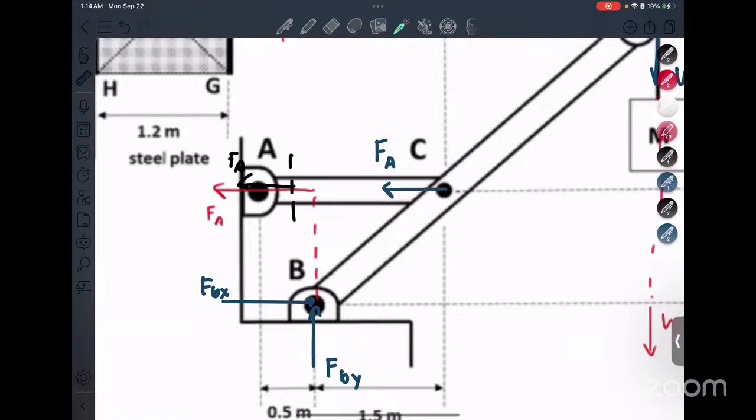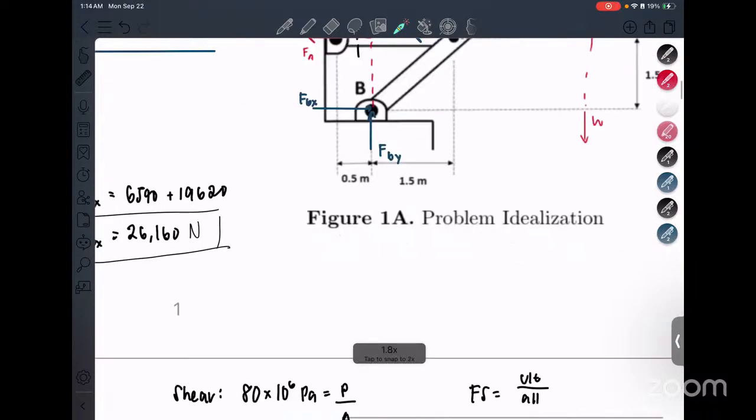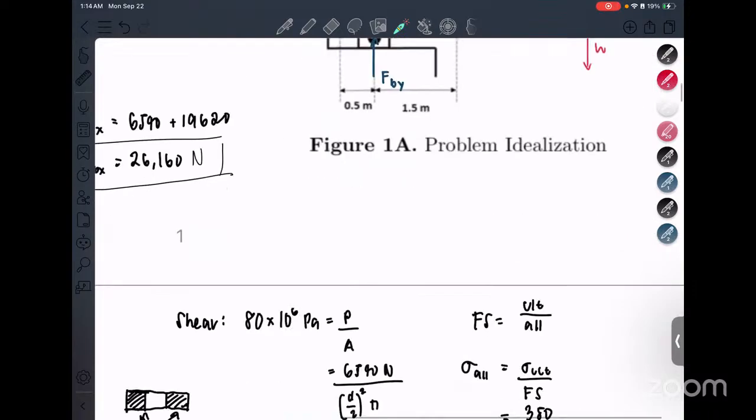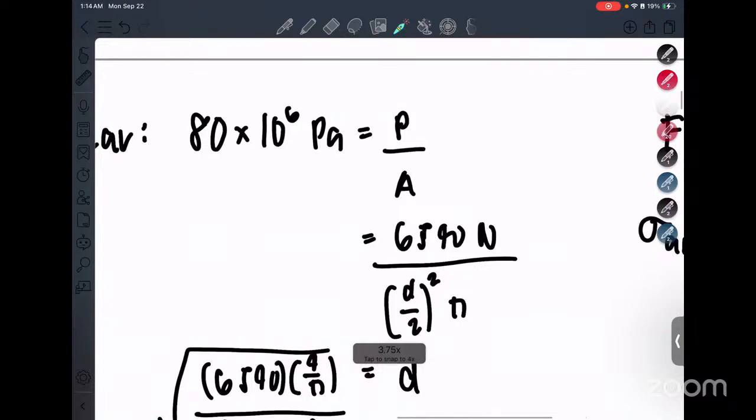That's the only force acting on this bar, right? That's FA. So that's the only one we consider. So then, that's 6,540 over pi r squared.